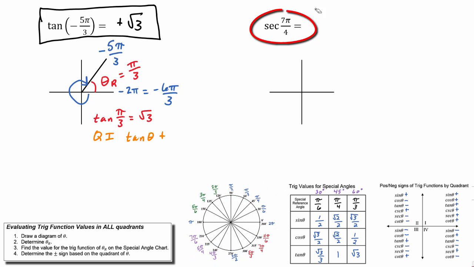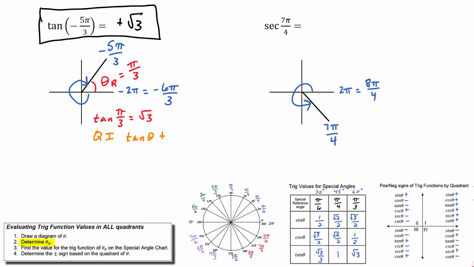Next up is secant of 7 pi over 4. First we draw theta. We know that 7 pi over 4 is in quadrant 4. The nearest x-axis is 2 pi, which we know is 8 pi over 4.